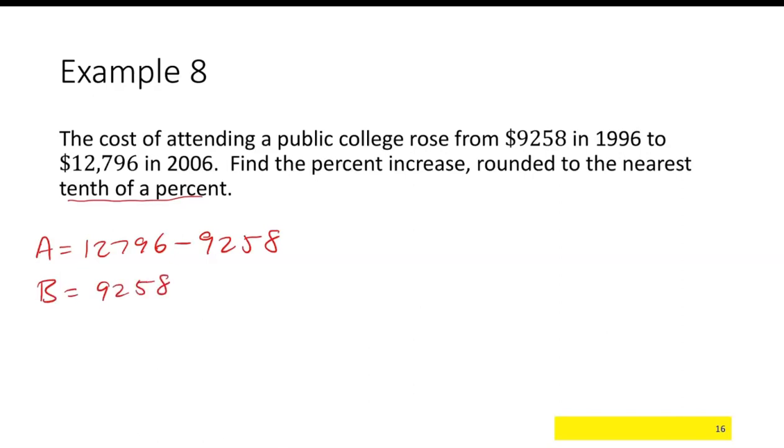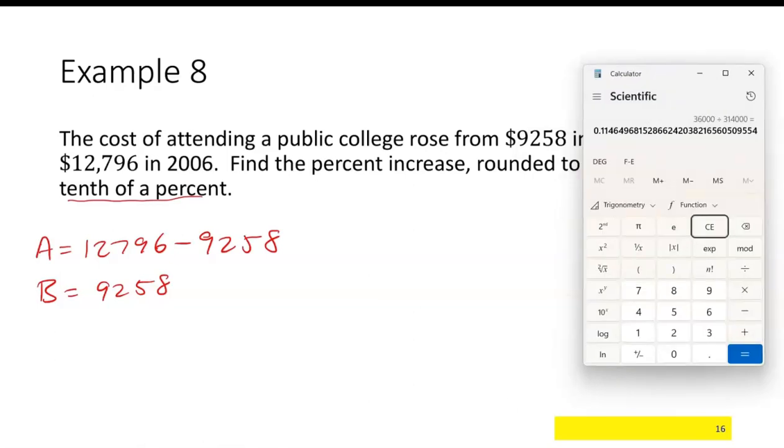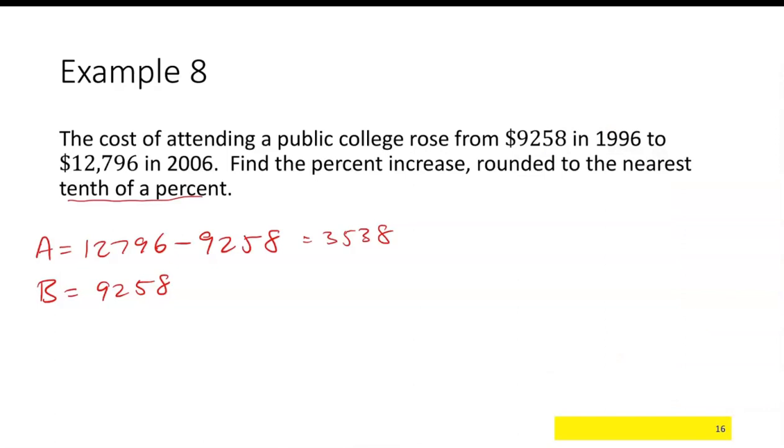So let's first find our amount. 12,796 minus 9,258, we get 3,538. And as before, 3,538 is what percent of that 9,258?